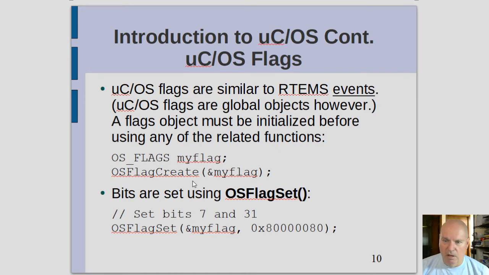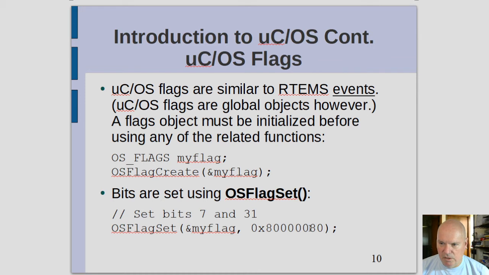To initialize a flag, you call OSFlagCreate. Again, this would typically be done in user main, and my flag here would be a global data element. To set a flag bit, it's easy. They're 32 bits long, so the easiest way is to use a hexadecimal value.